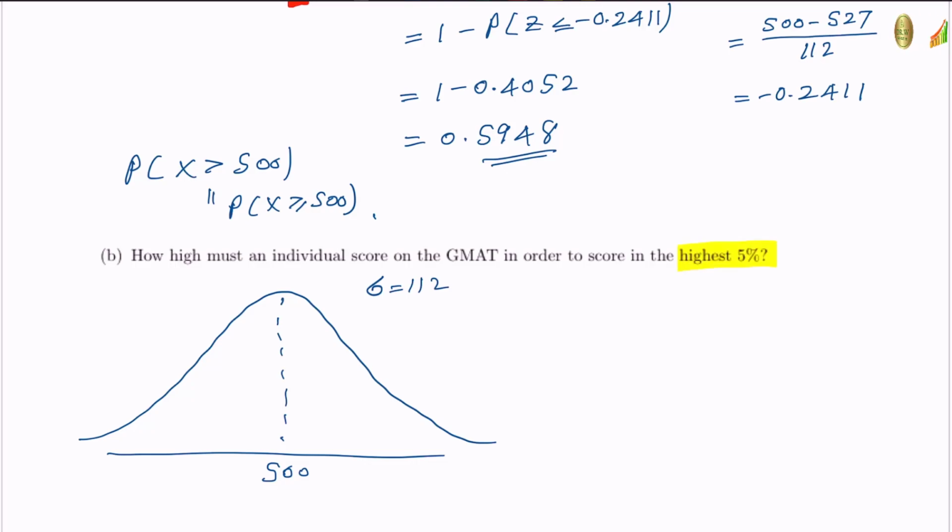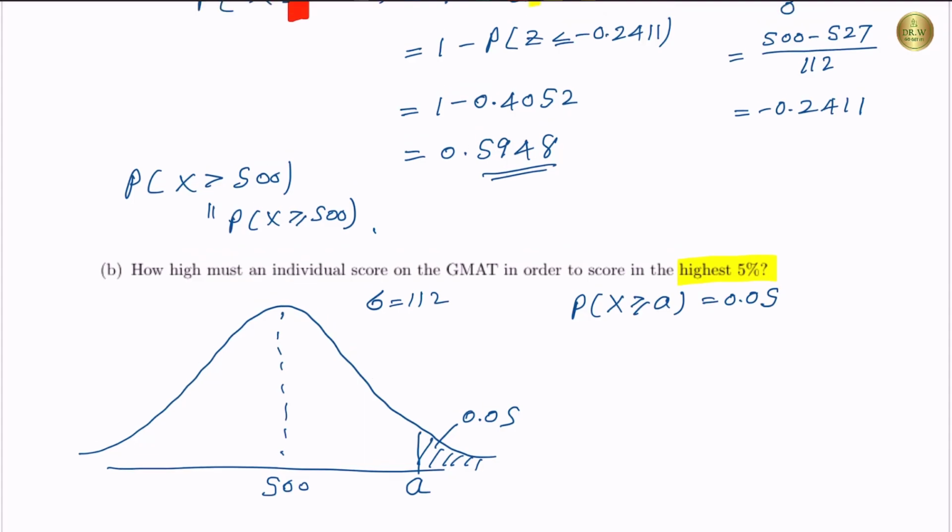That means we have 5% here, that is 0.05. So we need to find this value. I say it is A. In notation, I can write the probability x greater than or equal A equals 0.05.